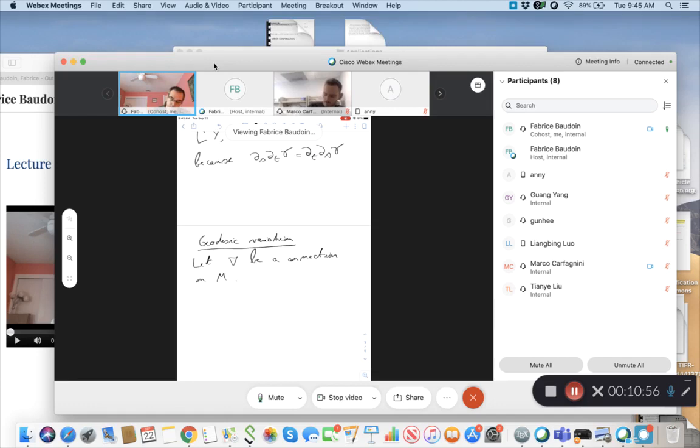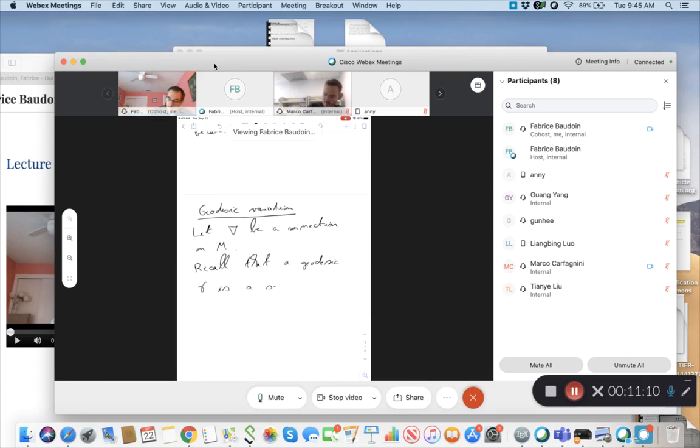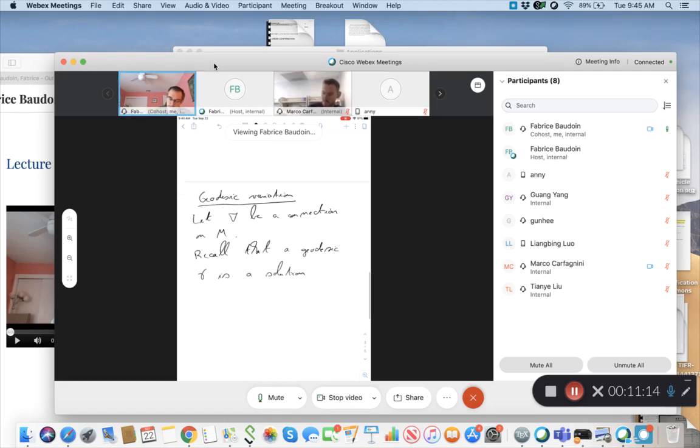So recall that a geodesic gamma is a solution of the second-order ODE on the manifold: nabla gamma prime of gamma prime is equal to 0. It was our definition of a geodesic.